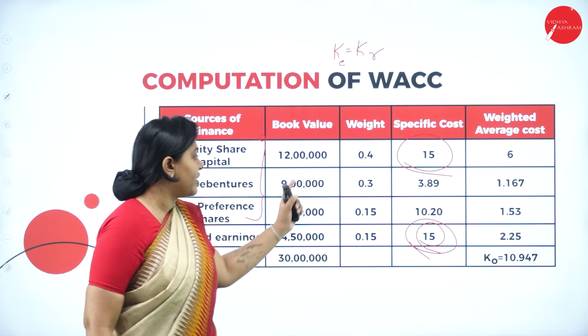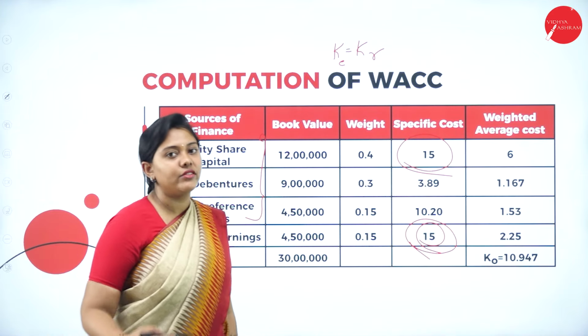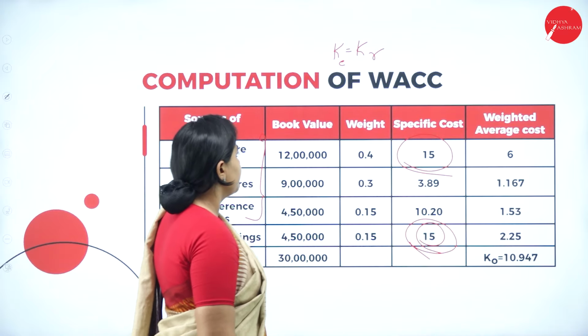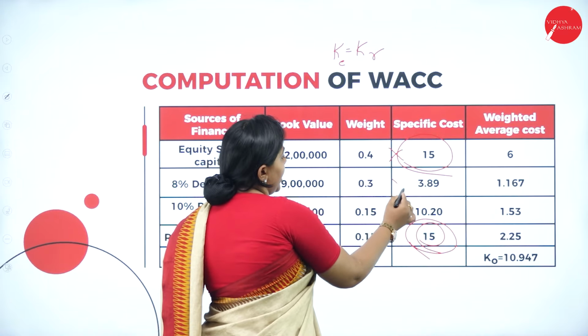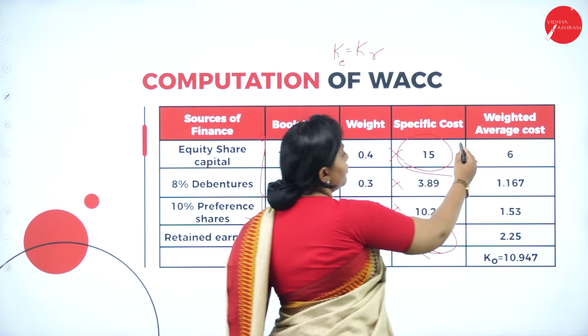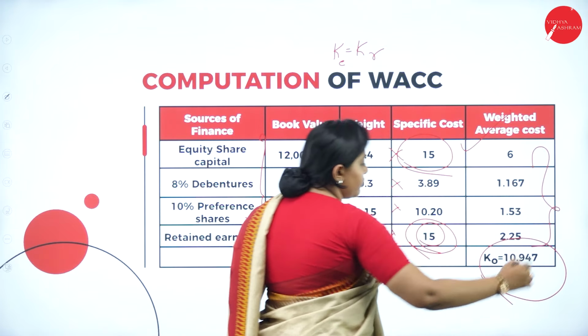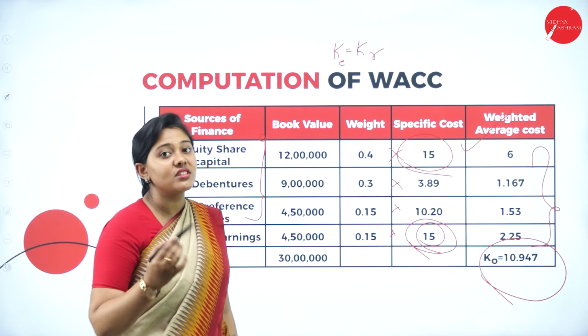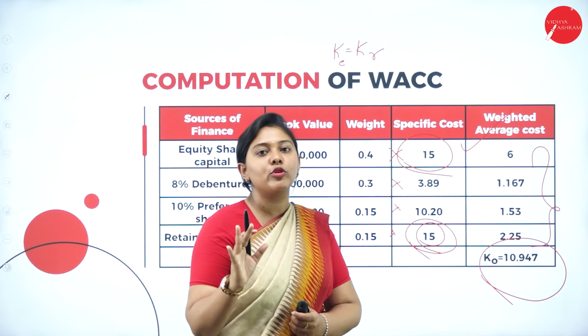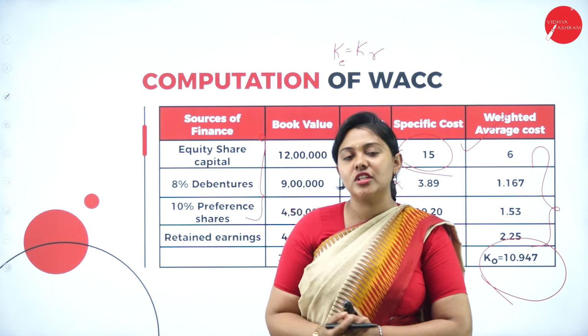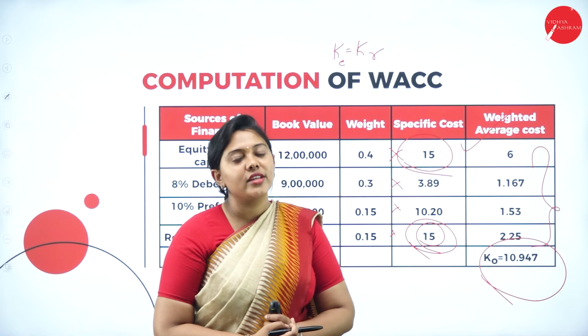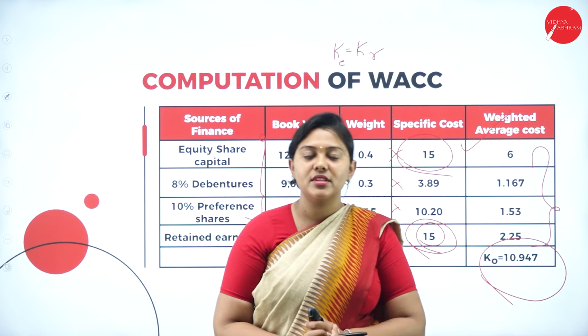The rest of the information we have taken from the question. If you multiply the weight into specific cost, you will get a weighted average cost. The summation of this is the weighted average cost of capital. So this is how you calculate. If you solve these 4 problems for the examination, you can score 15 marks on this problem.